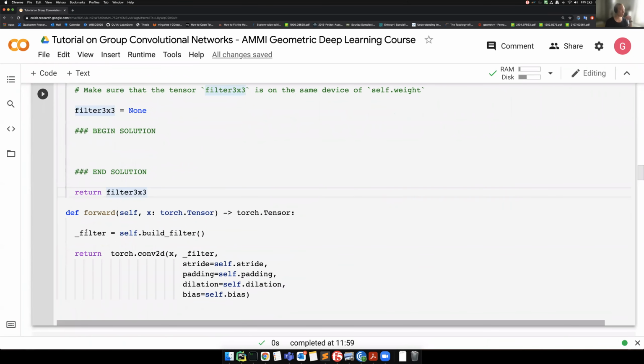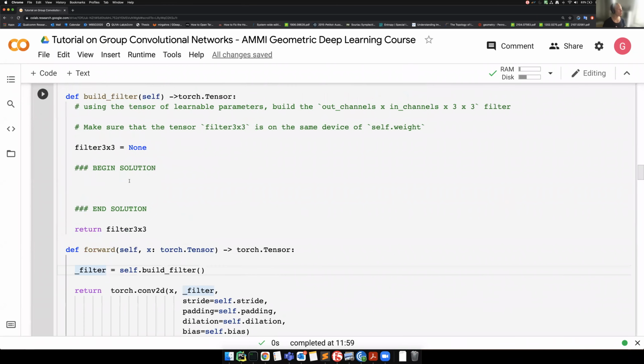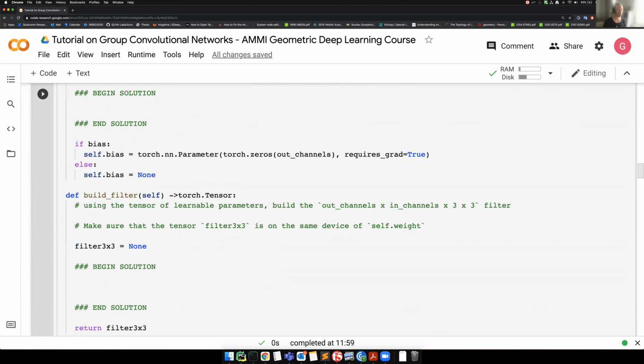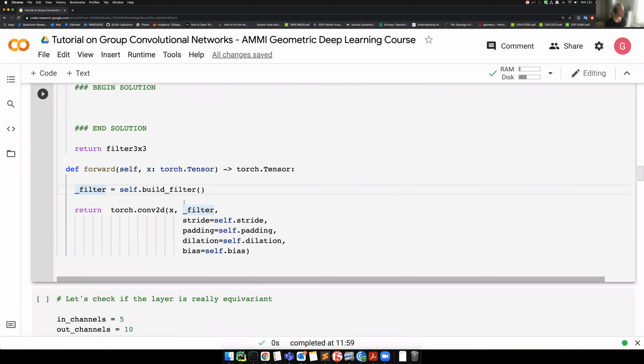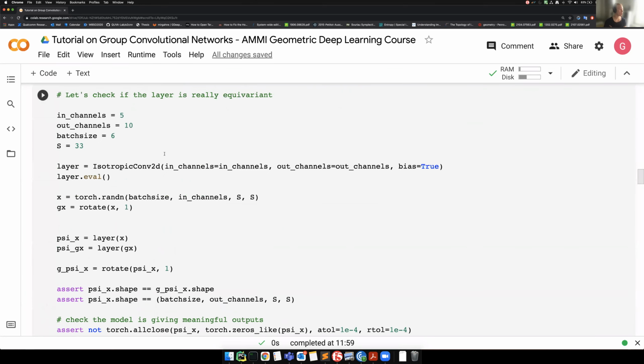We can now use this expanded filter to do our normal conv2D. So your task is basically building this part and initializing your weights. And once you have implemented it, we are going to check that your layer is actually equivariant.